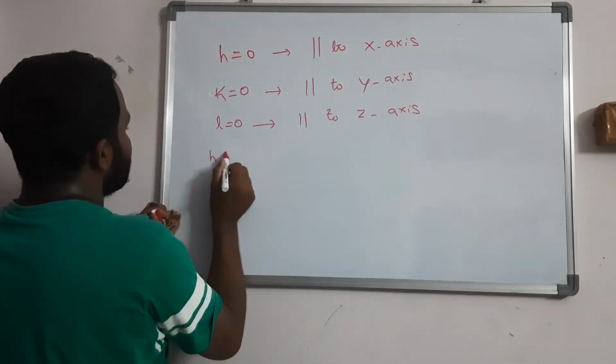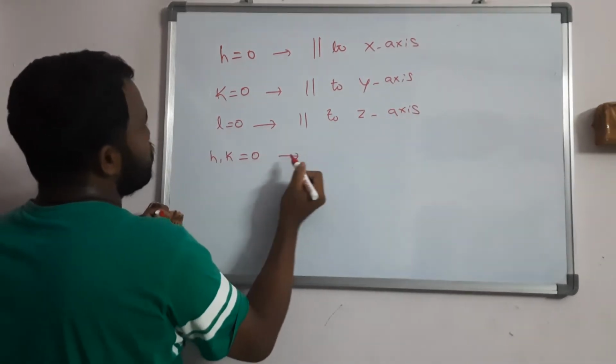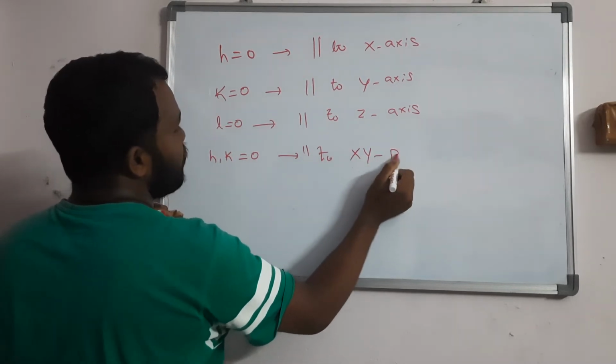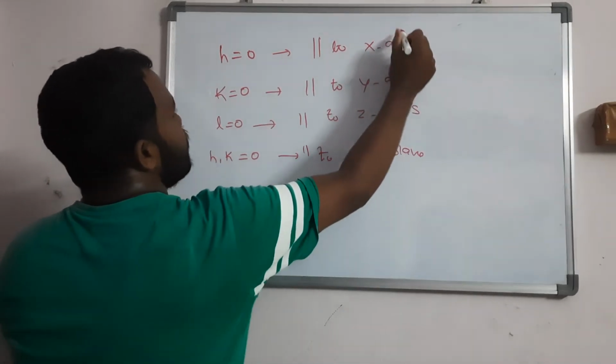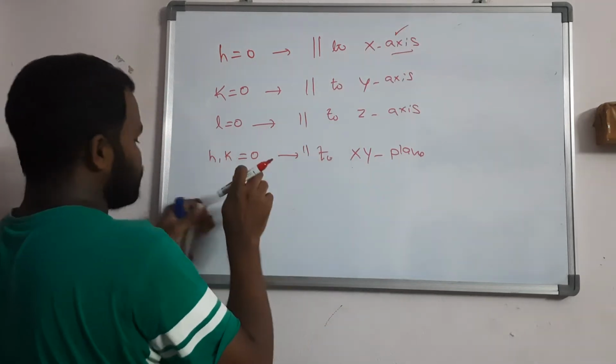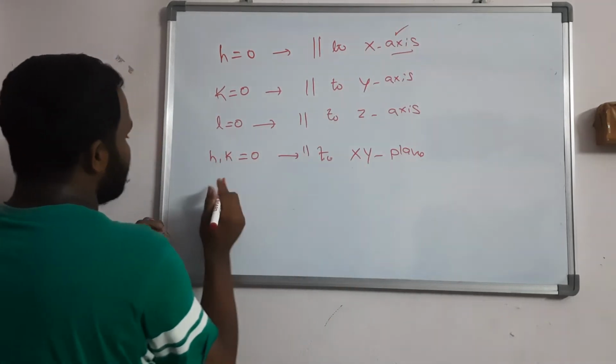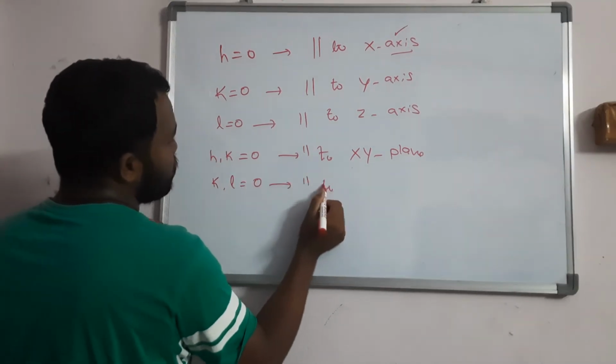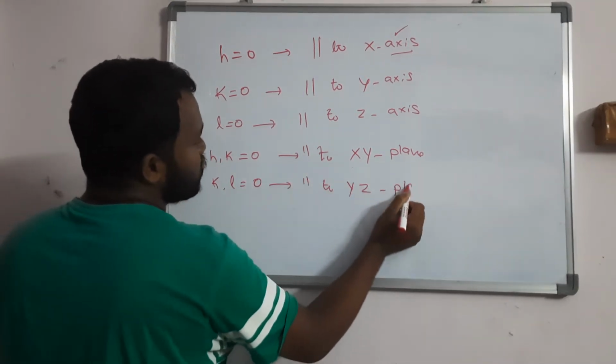If h comma k value is equal to 0, that is parallel to the xy plane. Keep in mind, this is axis, and here it is the plane. If k and l are equal to 0, that is parallel to the yz plane.